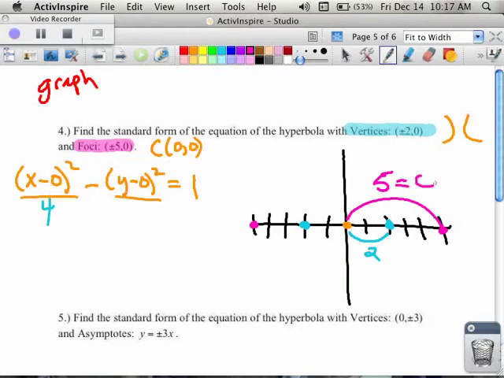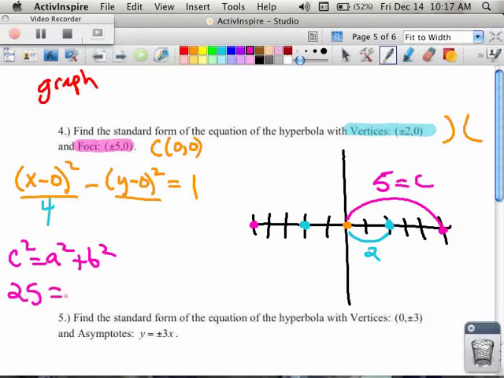Good job. And the 2 doesn't matter in our case whether it's a or b, because we have a squared plus b squared. So it's okay, we don't have to worry about that. So when I go to look for this stuff, I know that c squared equals a squared plus b squared. What will my c squared be? 25. Because 5 squared is 25.